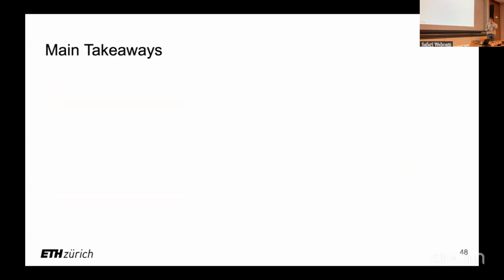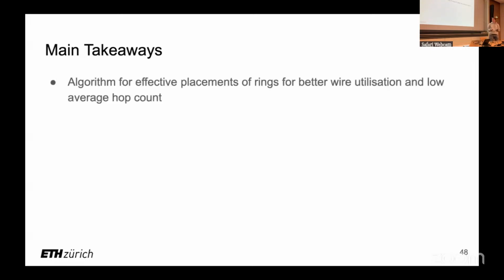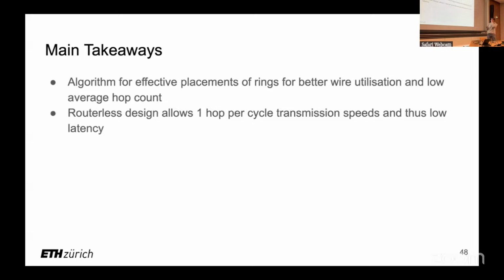Now, to wrap up, I really want to get across 3 main takeaways. The first one is that the algorithm they propose effectively uses the wiring resources and can allow for low hop counts. The second one is that in comparison to a router-based design, a routerless design has the advantage that your traffic actually travels at a 1 hop per cycle speed.